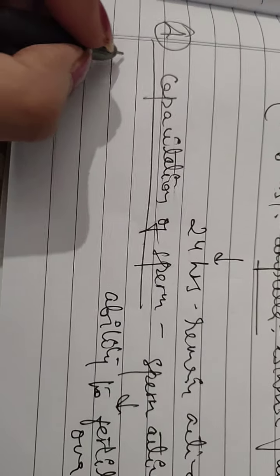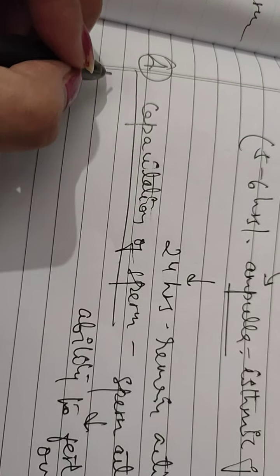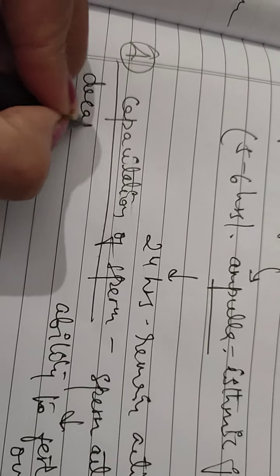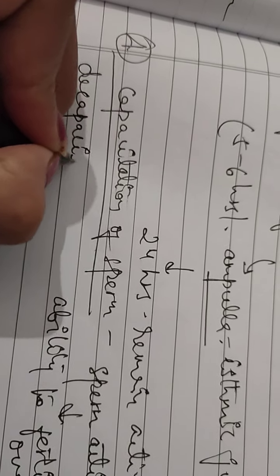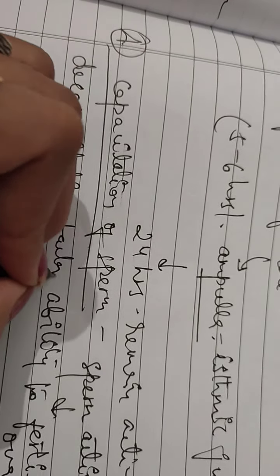The factors present over the sperm which do not allow immediate capacitation are called decapacitation factors.